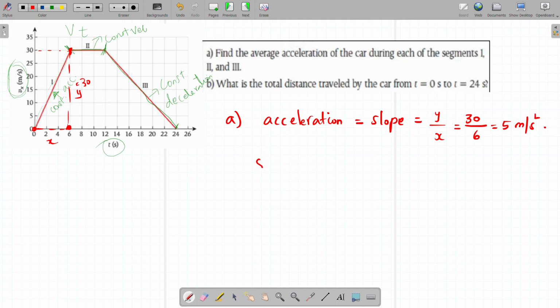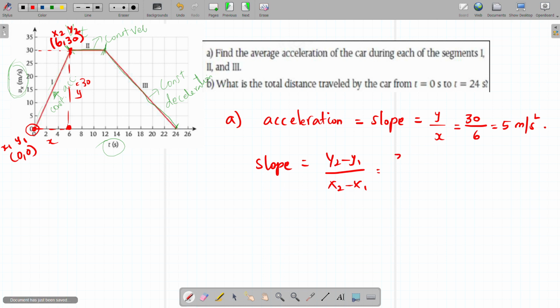Or you can do it like this: y2 minus y1 over x2 minus x1. So here the points you can give 0, 0 as x1, y1, and 6, 30 as x2, y2.